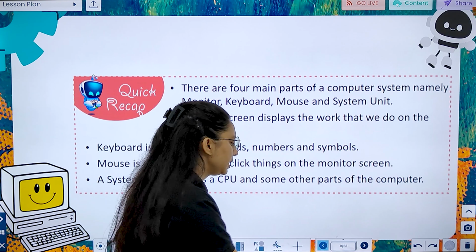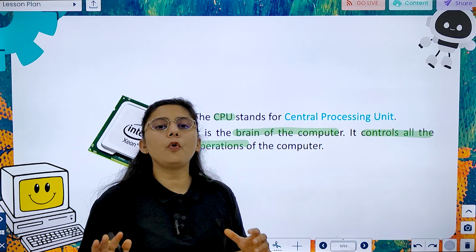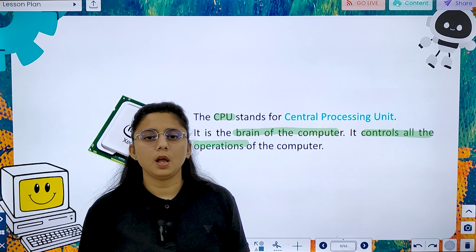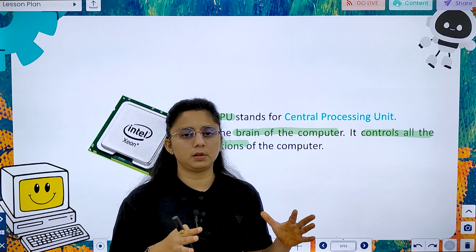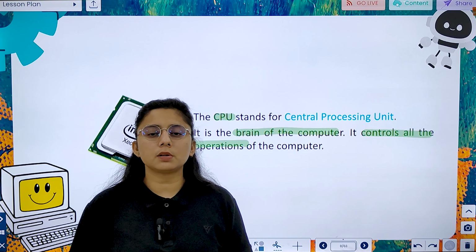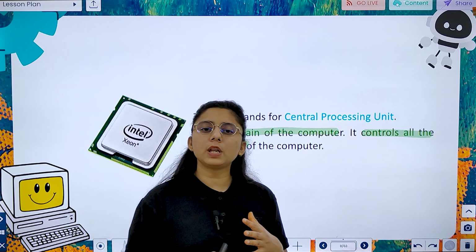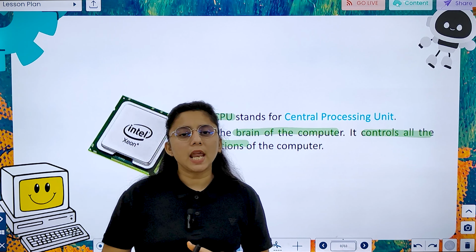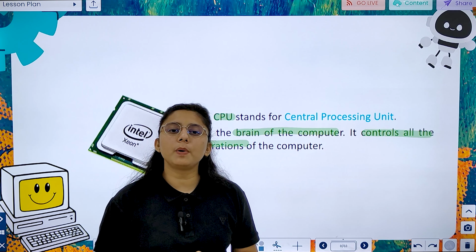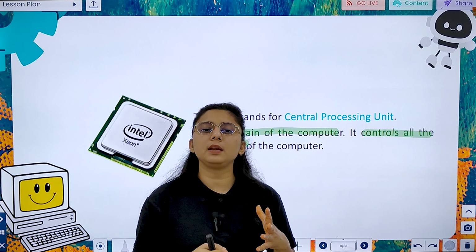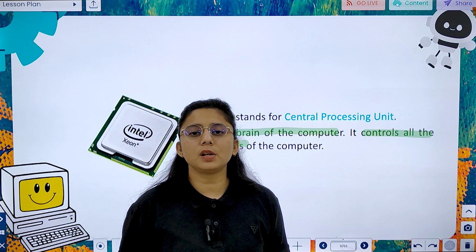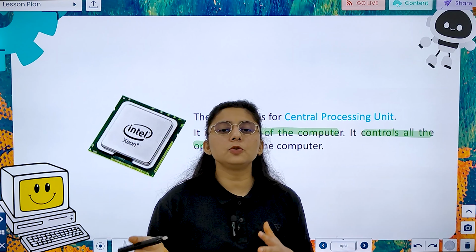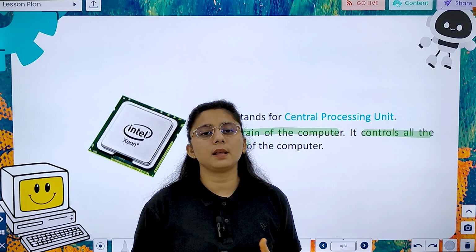Now, in this chapter, I have told you about the 4 main parts of computer. Monitor, which looks like a television screen. Whatever work you do will be displayed on your monitor screen. Then we have keyboard. It has a number of buttons called keys. We have alphanumeric keys and special keys, and with the help of these keys, you can write words, numbers, and sentences.